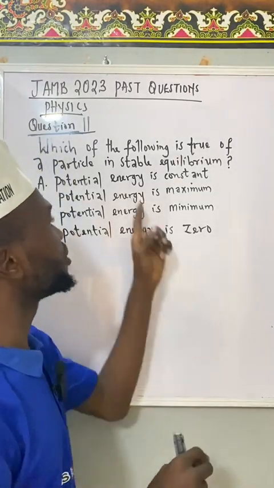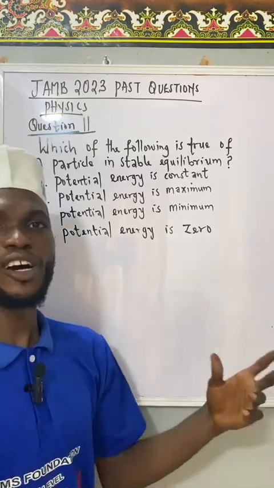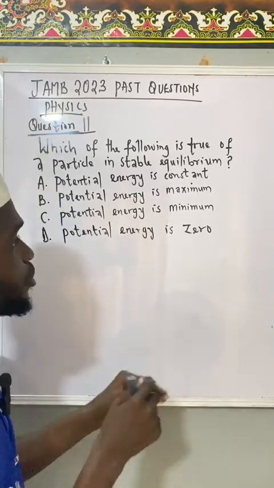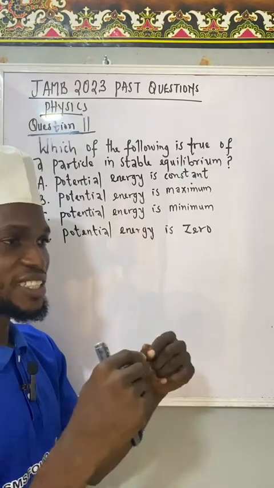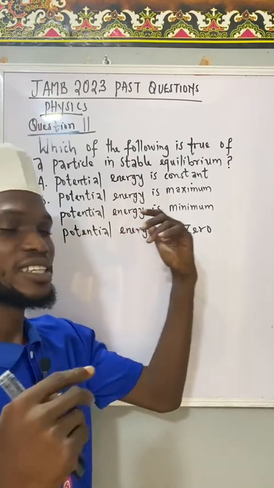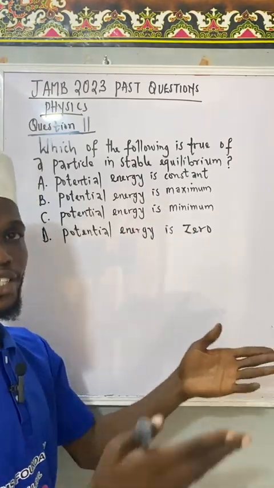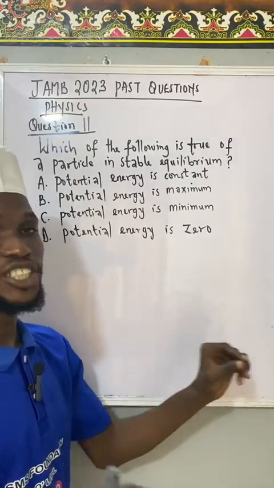First, I need to explain what we mean by stable equilibrium. We have several ways of classifying equilibrium. If you want to classify equilibrium based on whether the body at equilibrium is moving or at rest, we have two. That's static equilibrium, that's for a body at rest, and dynamic equilibrium, that's for a body in motion.